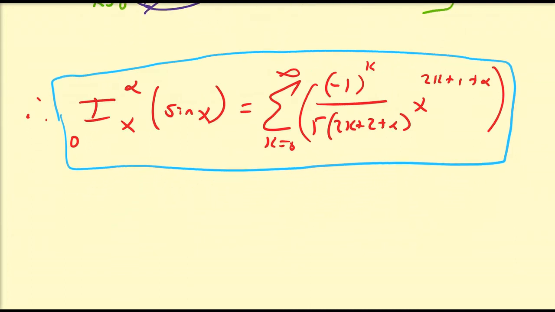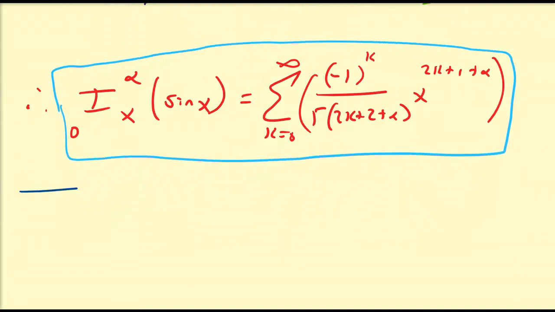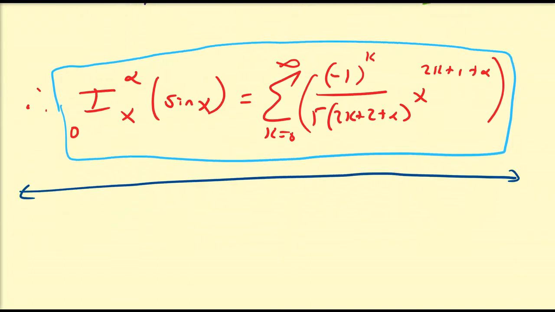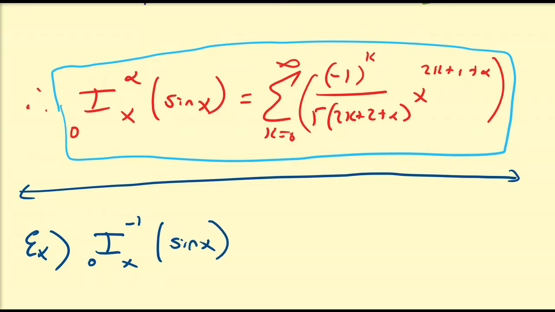So let's test this on a few values of alpha to see if it actually gives us what we want. For example, let's do the Riemann-Liouville fractional integral with base point 0 of order -1 of sine of x. This is the Riemann-Liouville fractional integral of order alpha = -1, which is almost like a derivative.